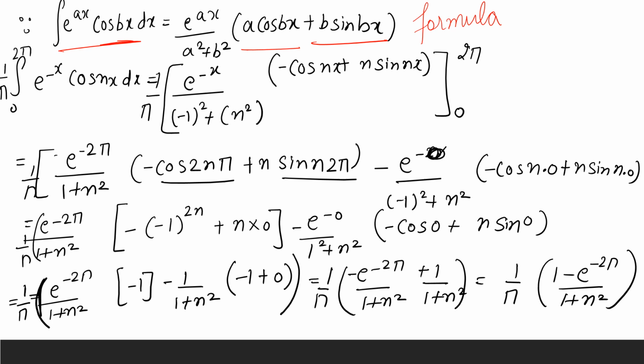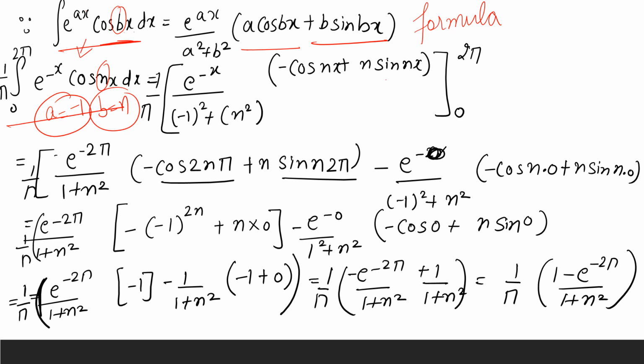Comparing, the value of a is minus 1 and the value of b is n. So we put those values in this formula: e^(-x)/((-1)² + n²) (−cos nx + n sin nx) from 0 to 2π.